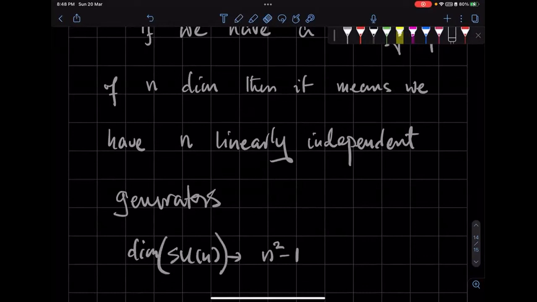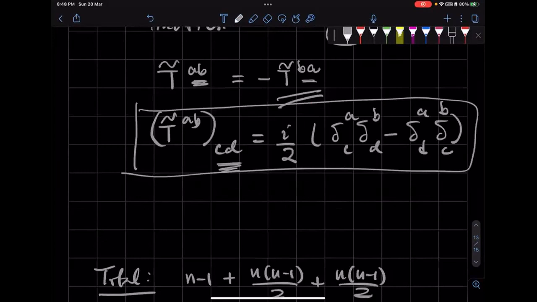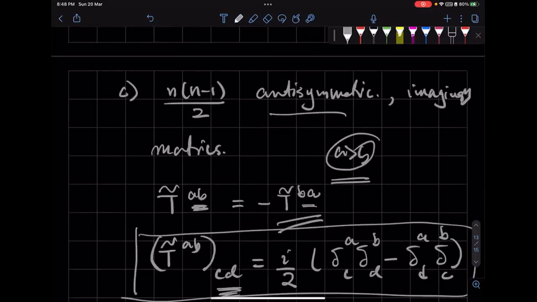And we know that the generators of SU(N) need to be Hermitian and traceless. So we can either choose A to be greater than B for the antisymmetric imaginary generators, or if A is not greater than B, then we have to impose this condition.